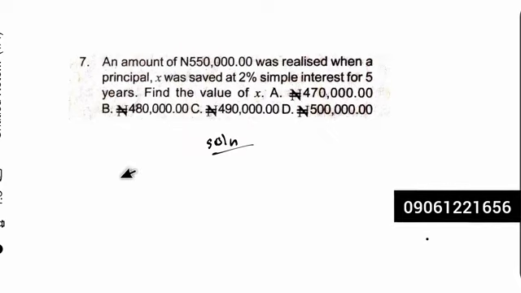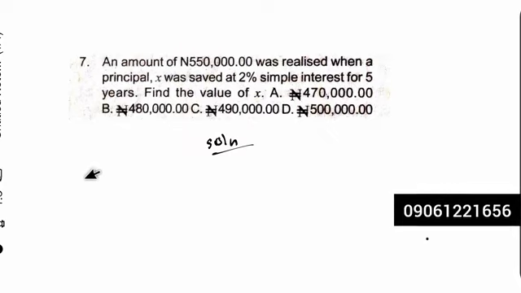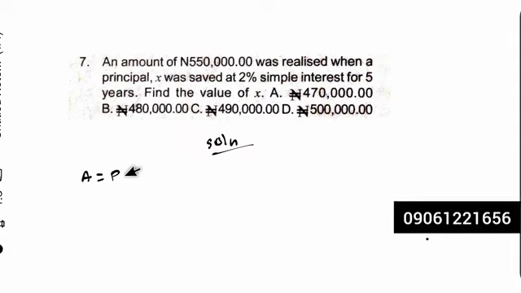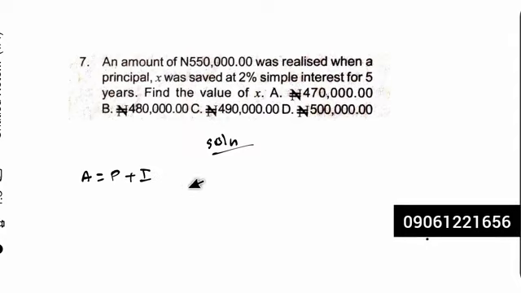If you still remember, the formula for amount is: amount equals the principal plus the interest, that is the simple interest.